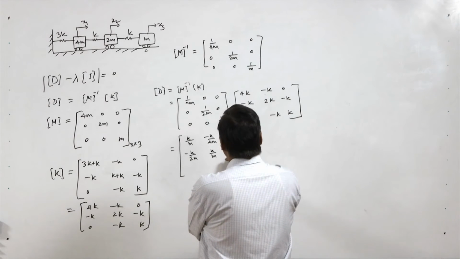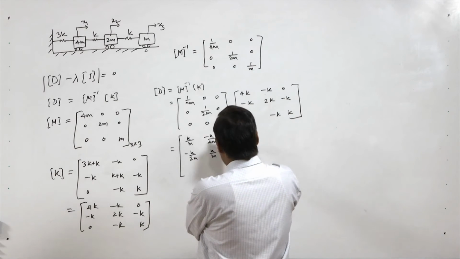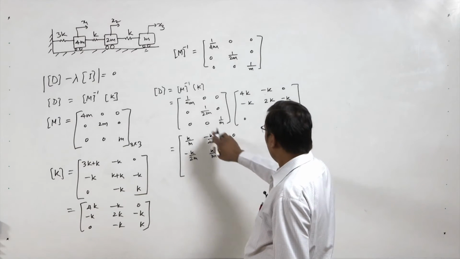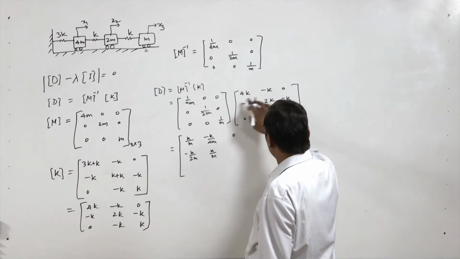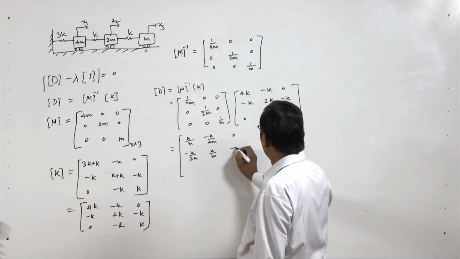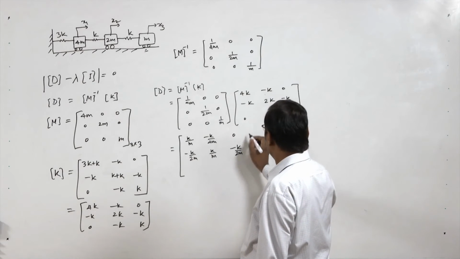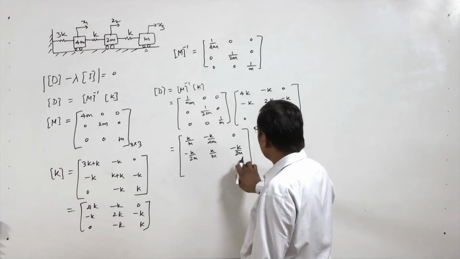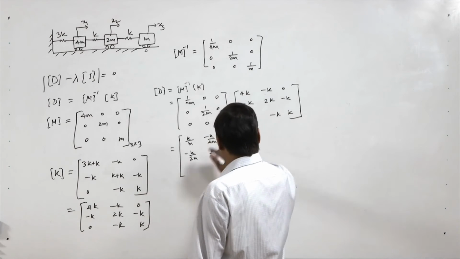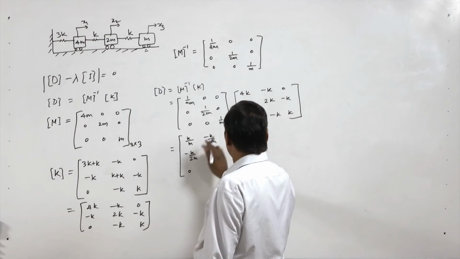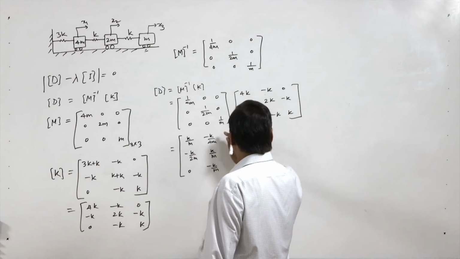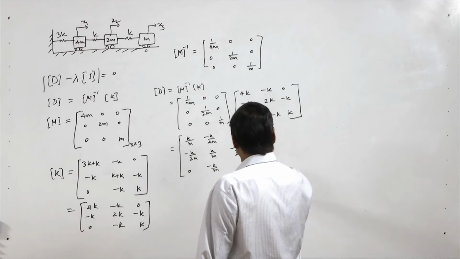Then for this element, we multiply and get 0 and then minus K by 2M. And the last row: we multiply third row with first column, so it is 0, then minus K by M, and then K by M.